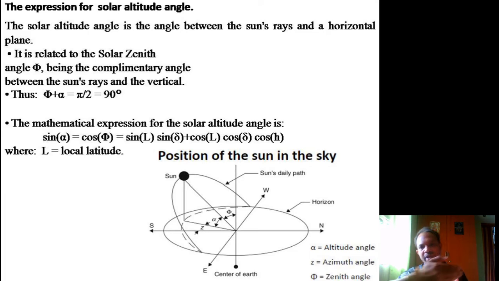If I keep moving towards the vertical plane, what happens? The phi becomes 0 or a minimum. That means phi is nothing but the zenith angle, and alpha is the altitude angle. So once the sun sets over there, then the minimum altitude angle will be there.